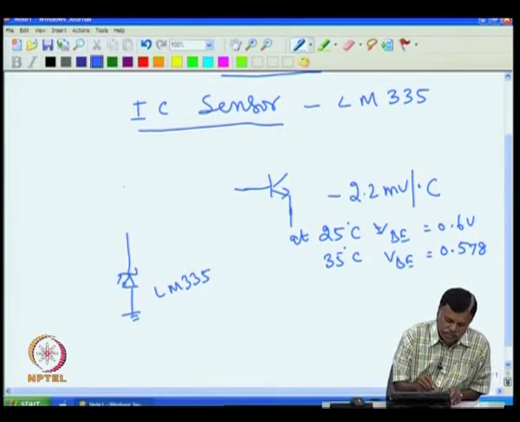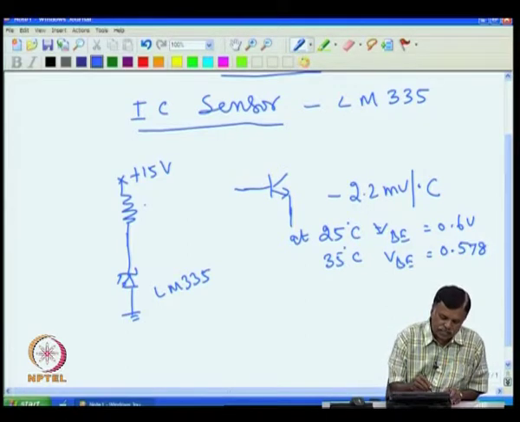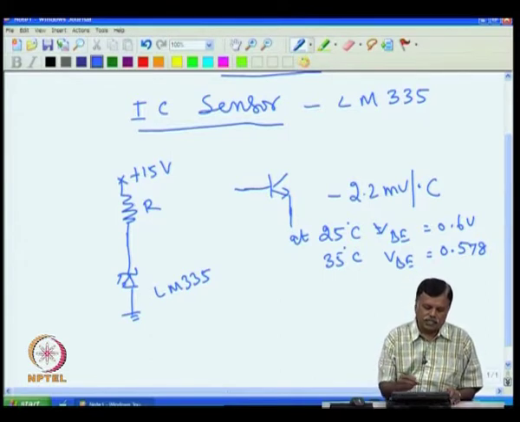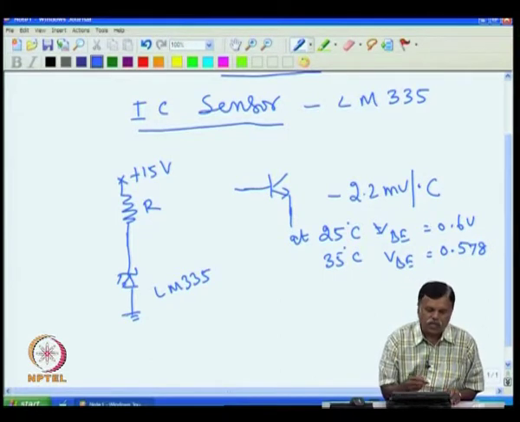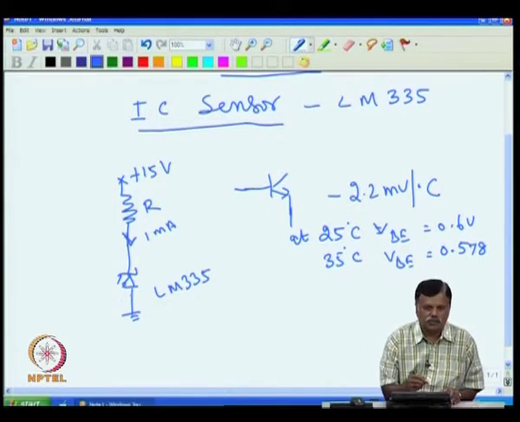So, how will I pass the current? I connect a resistance, then connect, for example, to a plus 15 volt supply. Then I select this resistance R such that the current flowing through this is 1 milliampere. We have to make sure that 1 milliampere current flows all the time, then only this sensor works properly.